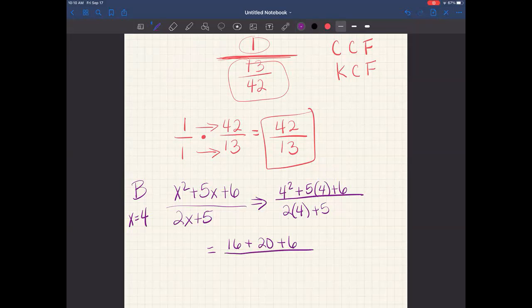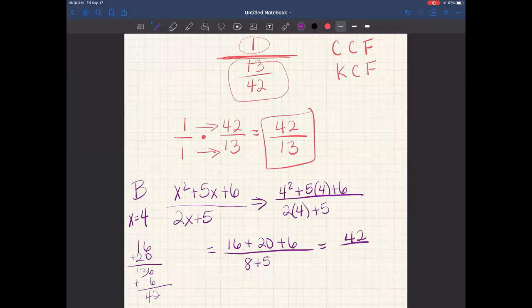2 times 4, 8, plus 5. Now I can just add everything together. That gives me 36 plus another 6 gives me what? 42.